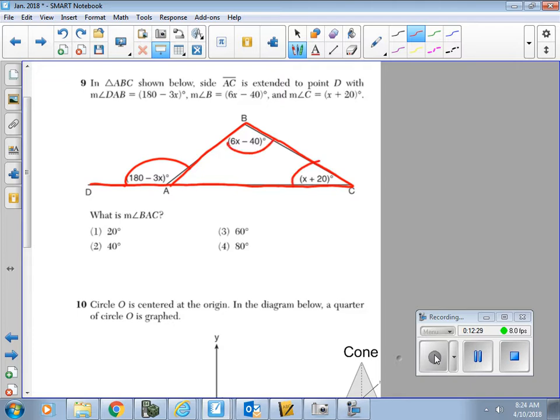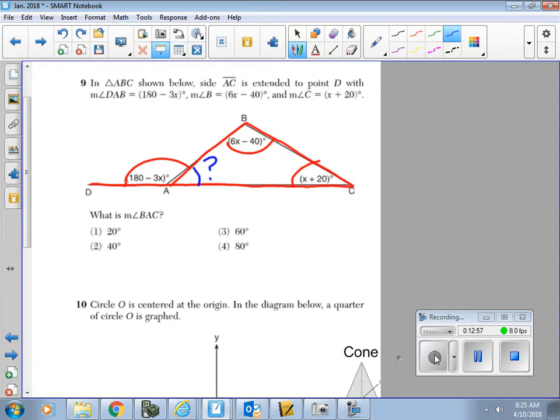All right, so they label it for you. And that's nice. Now they ask, what's the measure of angle BAC? So that's going to be this angle right here, BAC, okay? Now, they give you the exterior angle of a triangle, all right? So, in this case, there could be other ways to do it, but I want to make sure we understand the exterior of a triangle theorem.